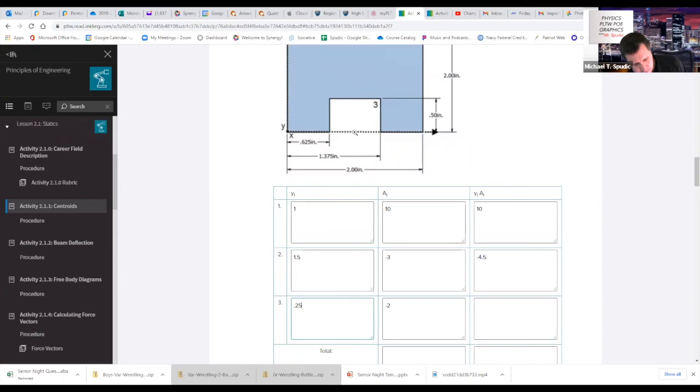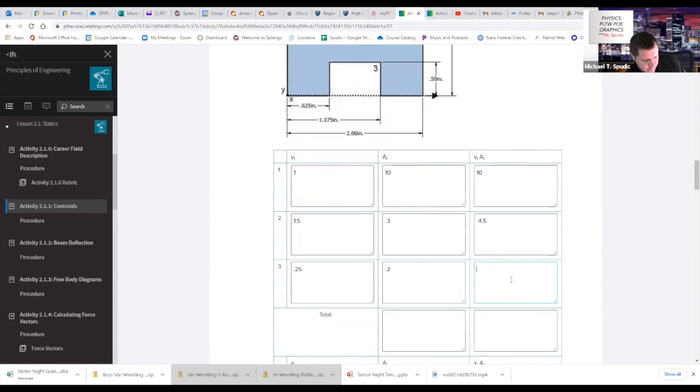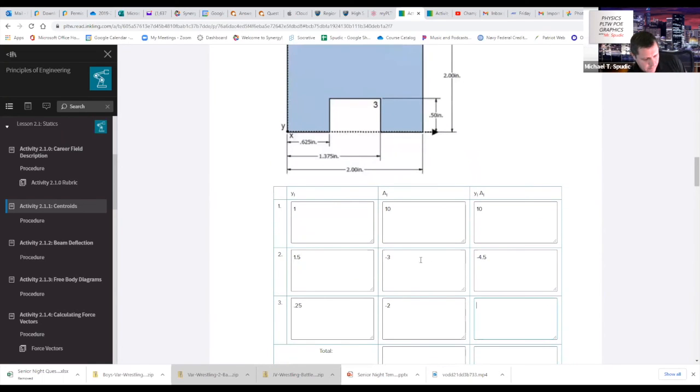So the distance from the bottom line is a 1/4 inch. I can put that in. Then we go to our numbers here, and again, these areas are wrong. But if I wanted to multiply these out, 0.25, 1/4 times -2 would be a -0.5.